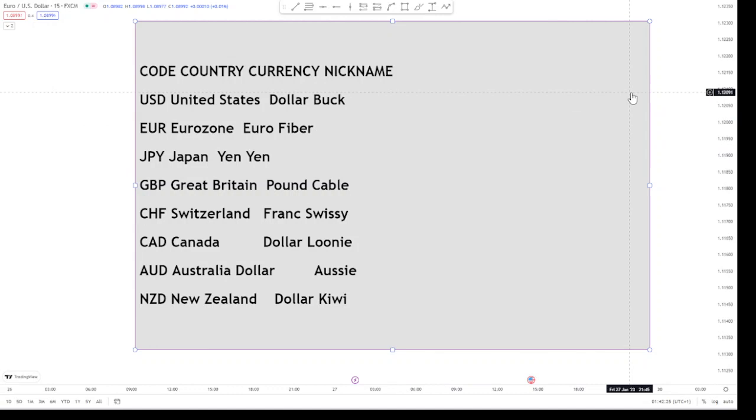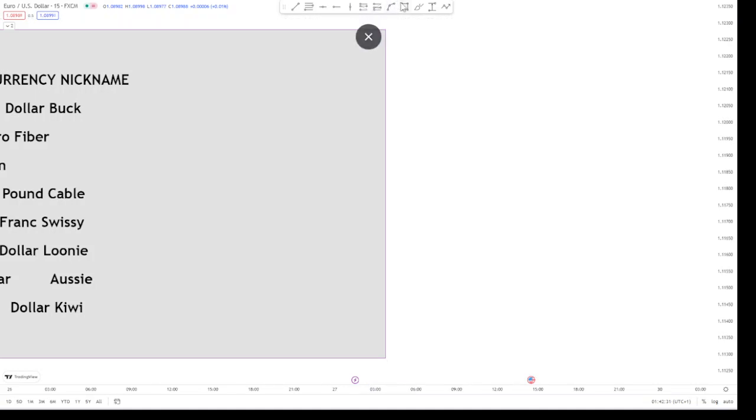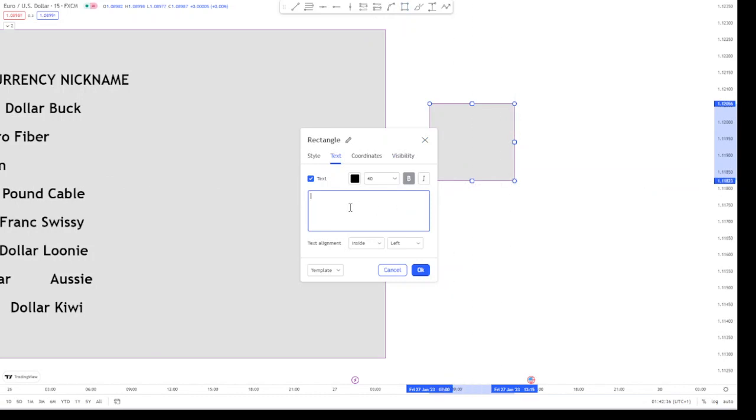For our example, I'll be using the NZD, which is the New Zealand dollar. Like I said, the currency code consists of 3 letters. The first 2 are the country's name. So N for New, Z for Zealand. That's the country name. And the last one, I'm just going to separate that so that we can see it separately.